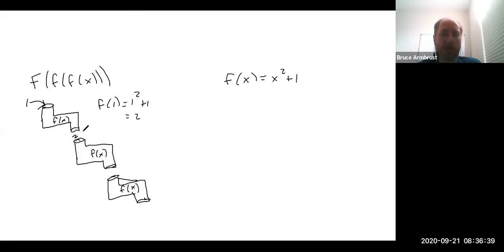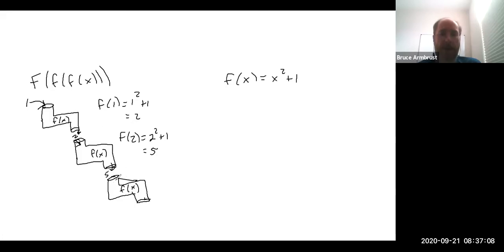That means that 2 is popping out of the first function, which means 2 is now falling into the second function. It turns out that it's f again, but we're going to do exactly the same thing. You're going to take that 2 and square it and add 1, because that's what this rule says to do. So 2 squared is 4, plus 1 is 5. So out pops a 5.